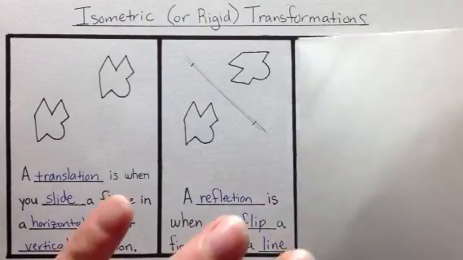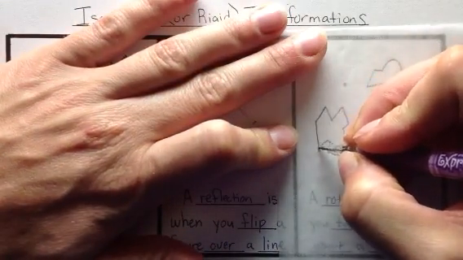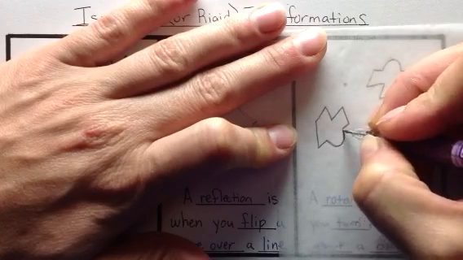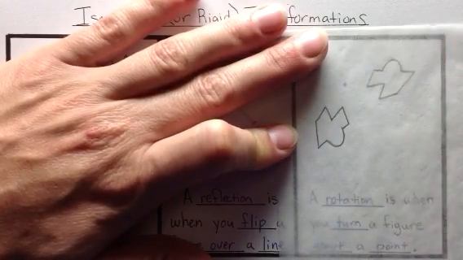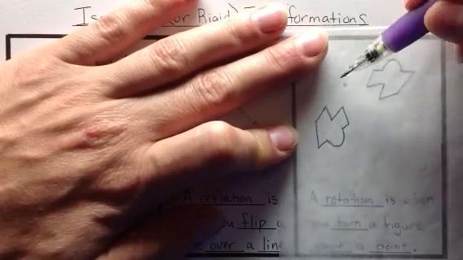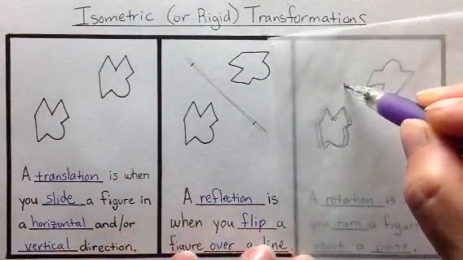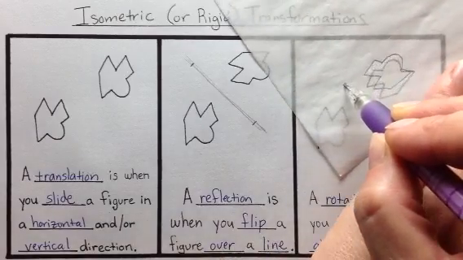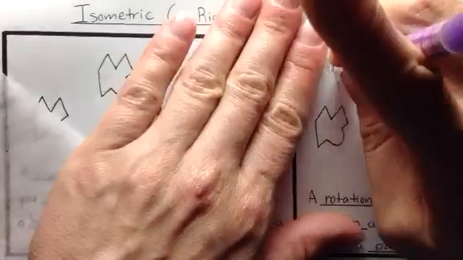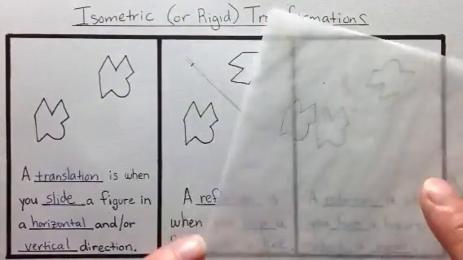So when I trace my pre-image this time, if it's a rotation, I'm going to turn my paper to get to my final image here. So I'm going to hold on this point and turn. Oh, I was a little off. Let's try it again. So I think it's going to be actually a little bit lower. Maybe here.